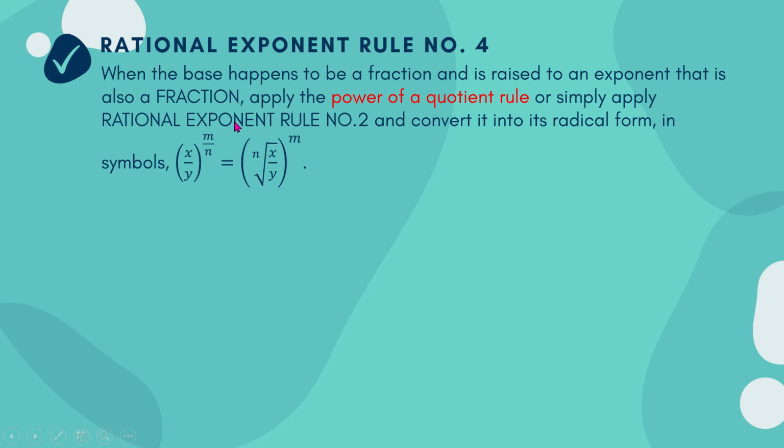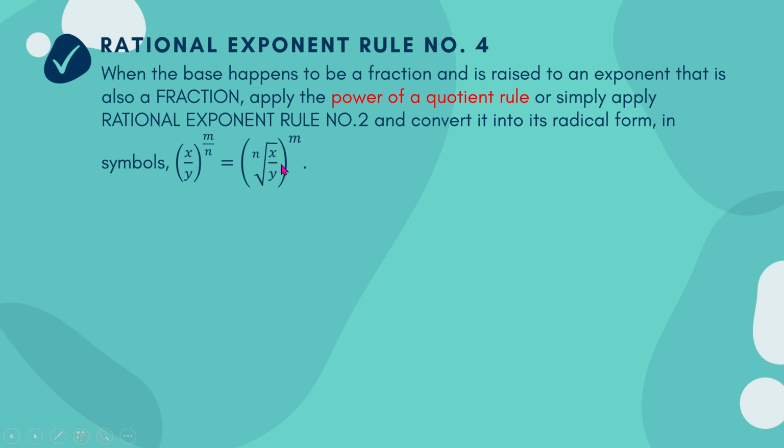Para mas sayon, gamito na to ang rational exponent rule number 2. For a quotient x over y raised to exponent m over n that is equivalent to ang denominator sa exponent kay n, mo na siya ang index. Then suits radical symbol is ang quotient x over y.